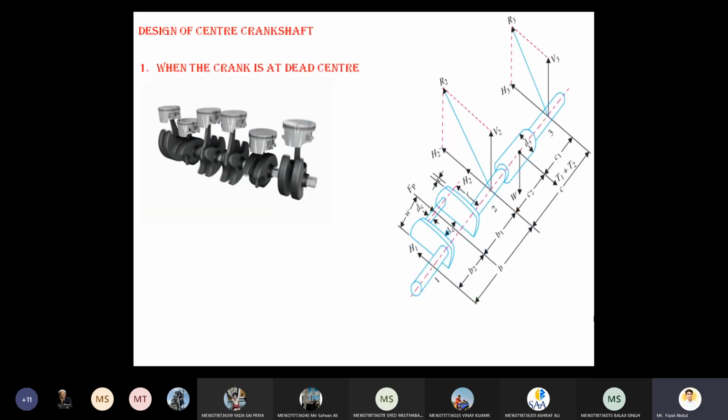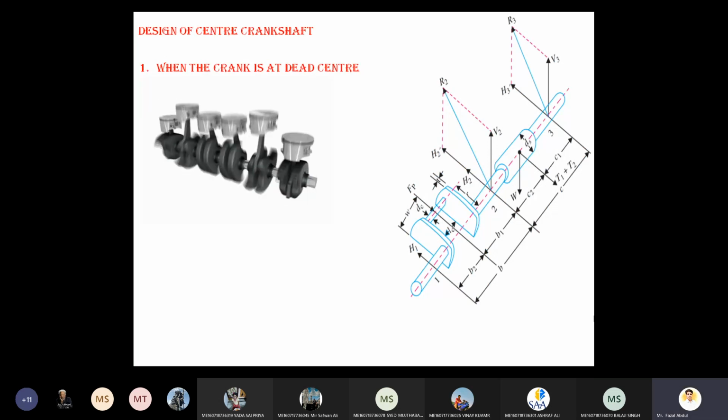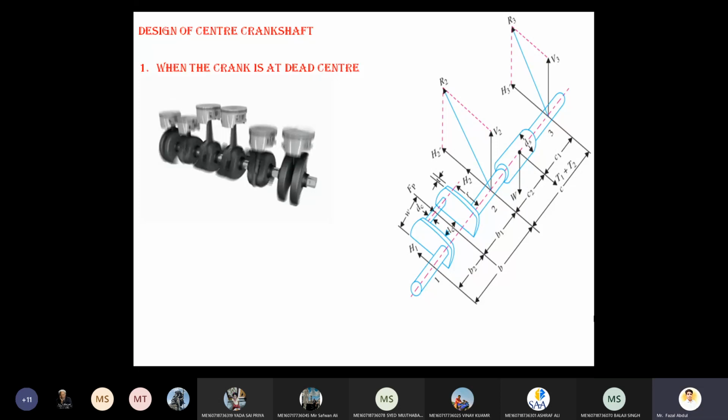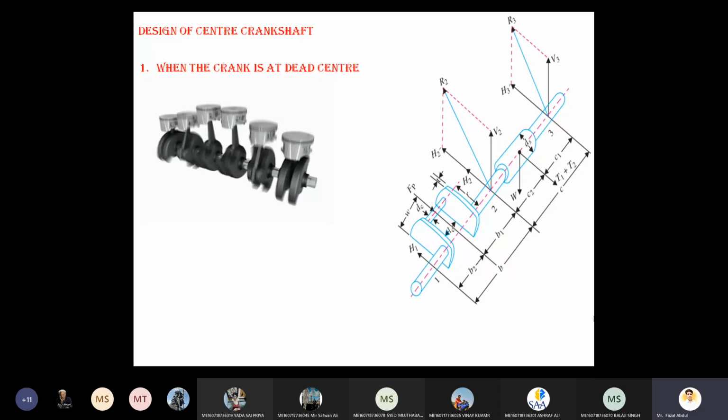First one is the design of the crankshaft. In the designing of the crankshaft, we have two different types: the center crankshaft and the side crankshaft. Now we are designing the center crankshaft. For the design of the center crankshaft, we consider two positions.